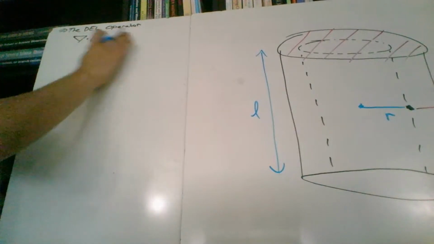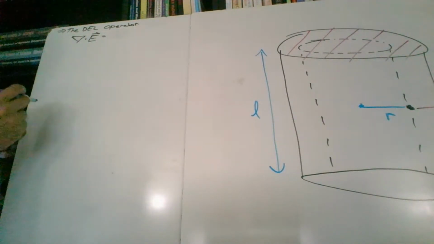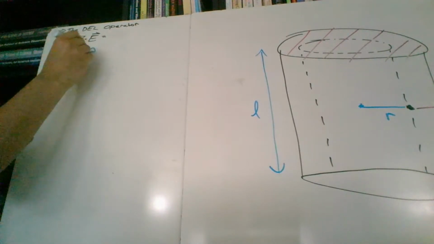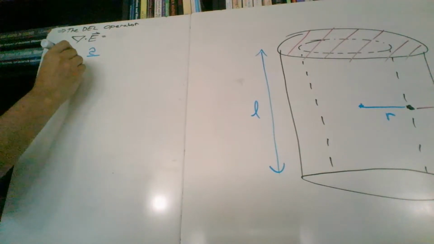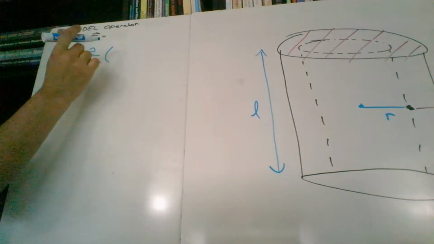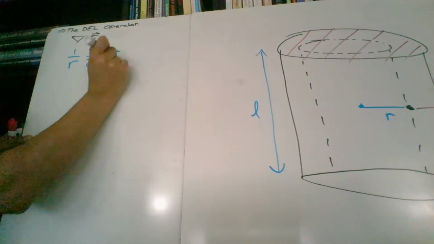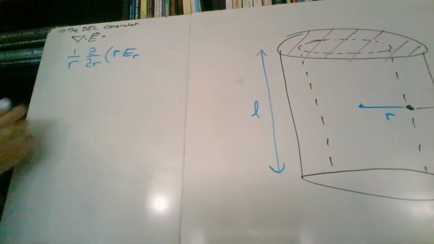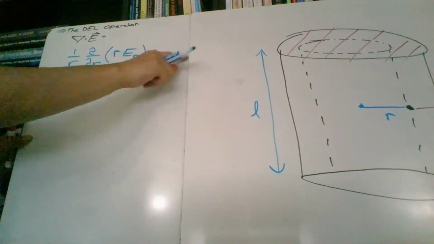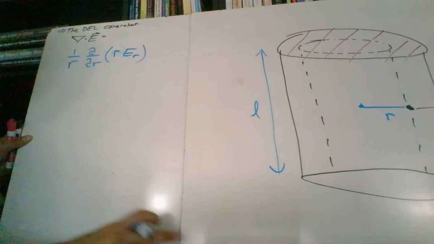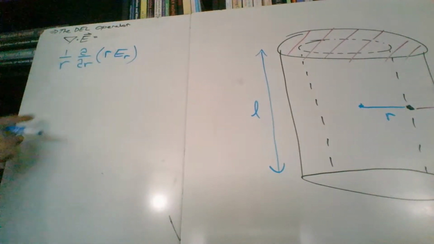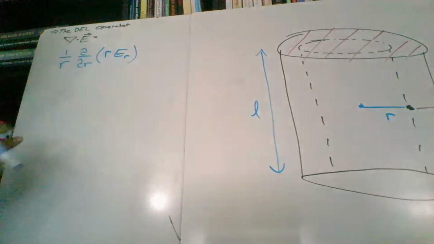So we start with our divergence equation, and we're going to put it in cylindrical form, and that's going to be 1 over r d/dr of r times the electric field at r, and that's it. The other parts of the cylindrical coordinate system are gone because they're not dependent. The only thing that this divergence depends on is how far you are from the cylinder.